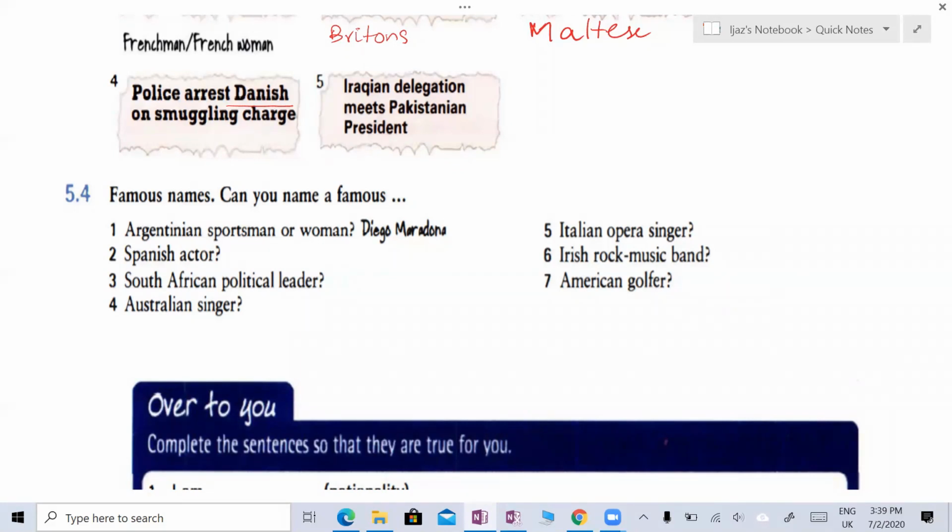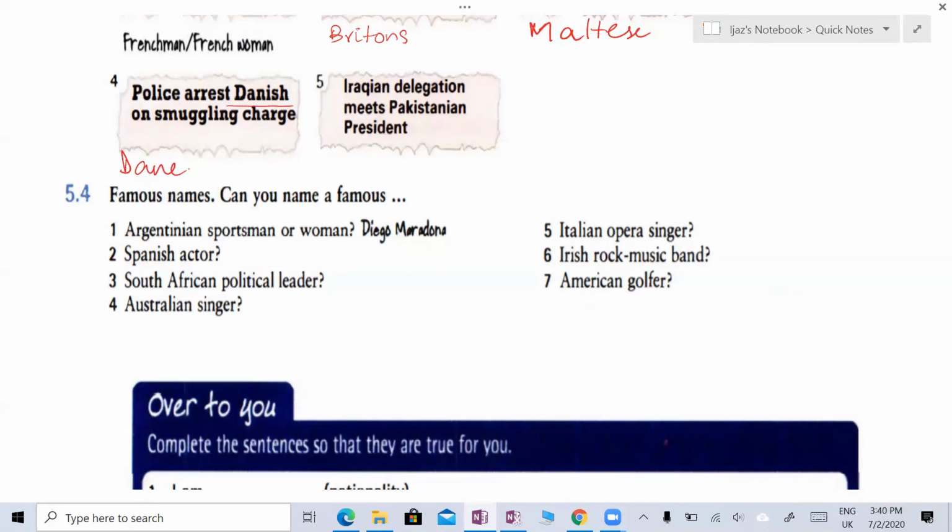Basically, it's Dane. In the previous page there was some explanation about this one, when we were talking about a Swede, a Finn, someone from Finland, a Turk, a Spaniard, a Dane, a Briton, an Arab, a Pole. So it's a Dane. Police arrest a Dane on smuggling charges.